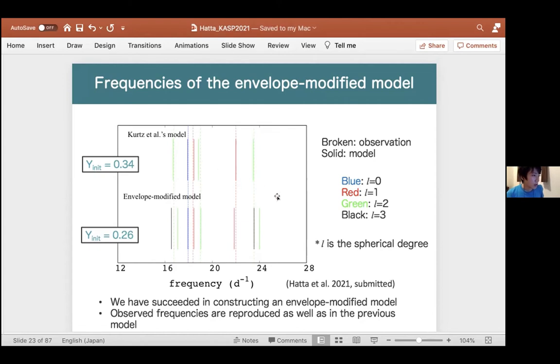But in a non-standard scheme, we do not have to assume such high initial helium abundance. By starting with relatively ordinary initial helium abundance, we can explain the observed p-mode frequencies. So that is definitely an improvement.